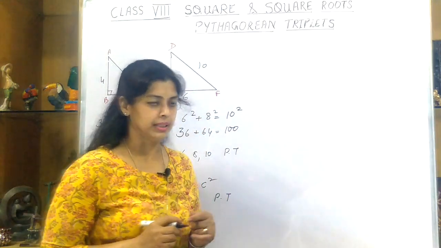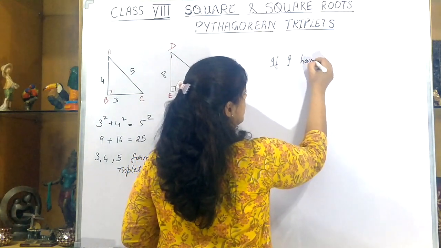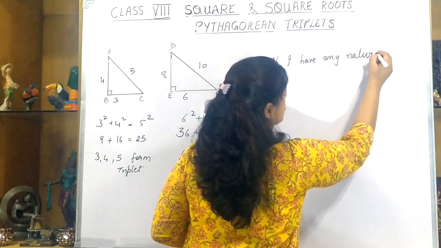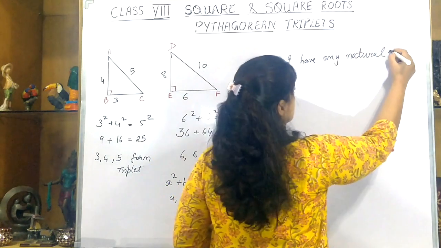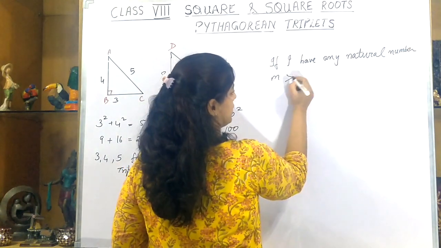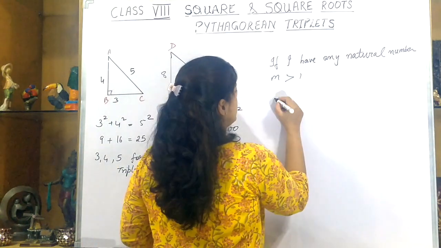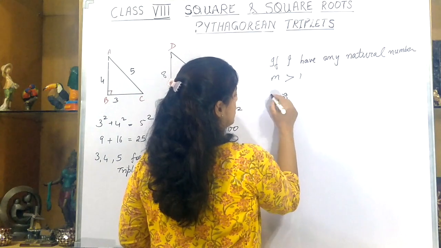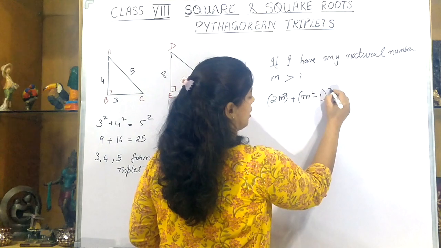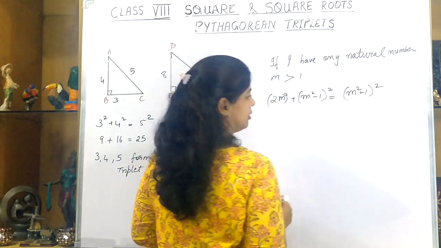Now I can generalize this in a standard format or a formula which we can use to find the triplets. If I have any natural number m which is greater than 1, natural numbers meaning starting from 1, 2, 3 and so on, then as per this formula, 2m the whole square plus m square minus 1 the whole square will be equal to m square plus 1 the whole square.